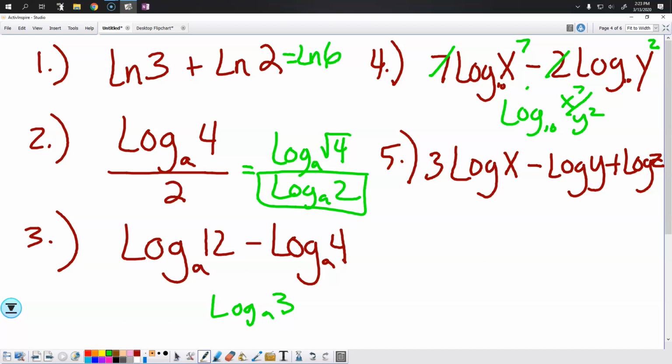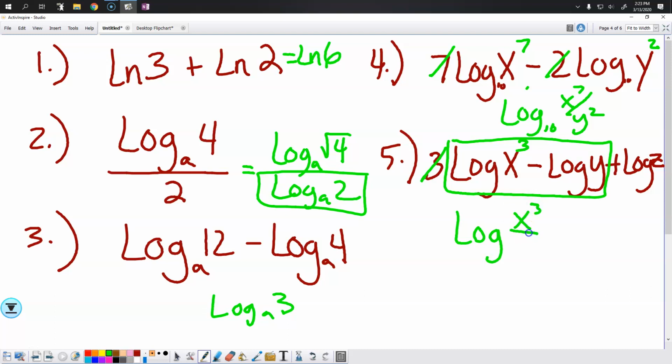Now number 5 is a little bit more quirky, so here we go. First of all, the 3 goes here because of our third rule, right? Could you actually do this one? Okay, I just did that, so follow along with me. So the 3 goes there because of rule 3. As for this one, these two, what rule is that? That's rule 2. And according to rule 2, which one goes on top?